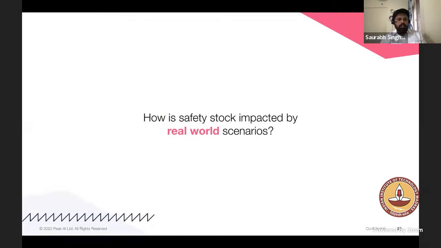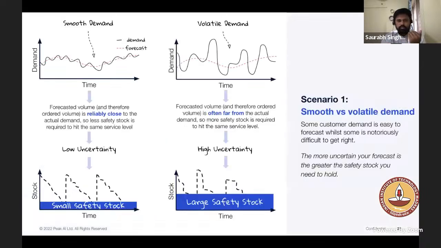Let us see some real world scenarios where we see how the safety stock is impacted. As I mentioned, for each kind of uncertainty, whether it is demand uncertainty, supply uncertainty or production uncertainty, your safety stock level can change. The more the uncertainty, the more safety stock you need to keep.